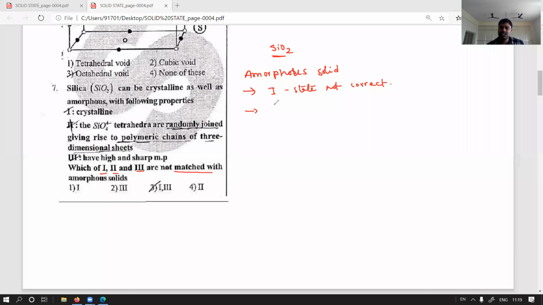High and sharp melting points are characteristics of crystalline solids, not amorphous solids. So the third one is also not correct. The answer is: the first and third statements do not belong to amorphous solids.